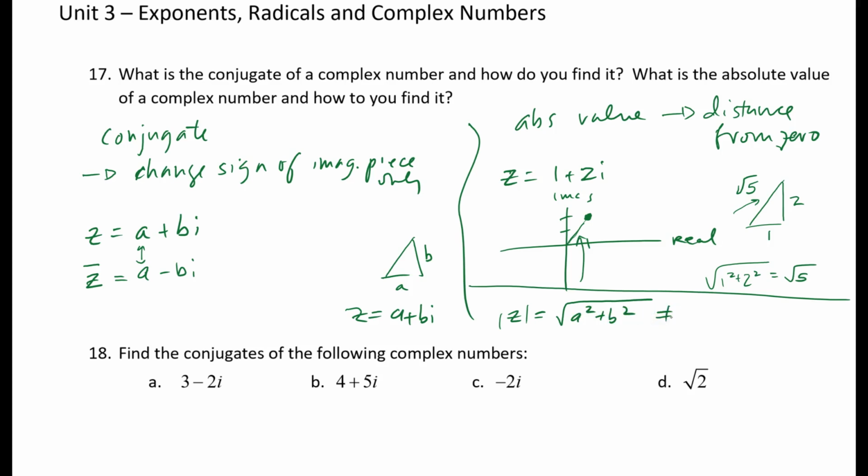One thing to make sure to remember, though, is that it's not the square root of a squared plus bi squared. Remember, we're thinking about distances here, so the distance is just that real number b. So make sure not to put the i when you're doing absolute value. I made a triangle with sides a and b and the distance there.